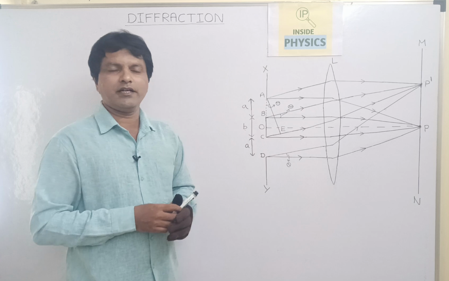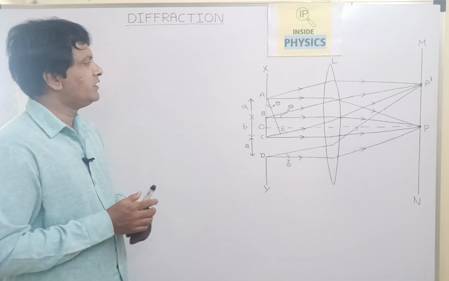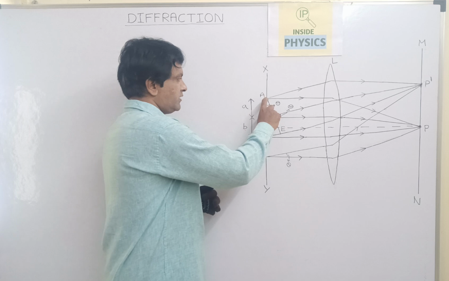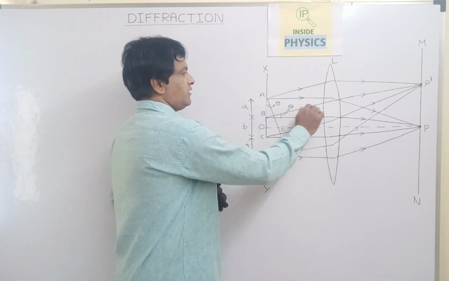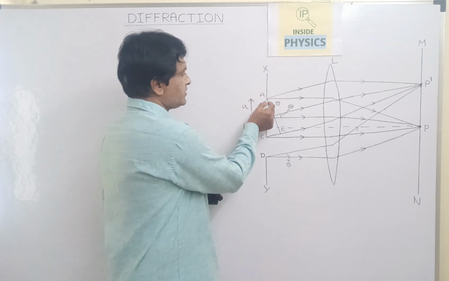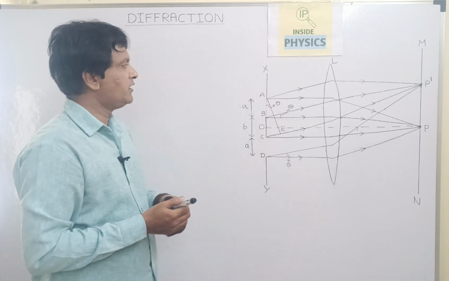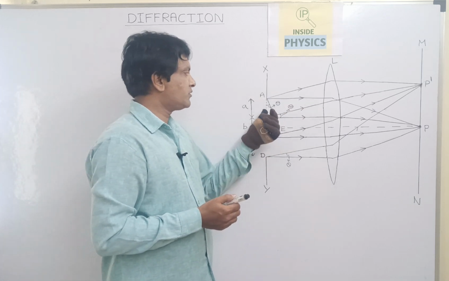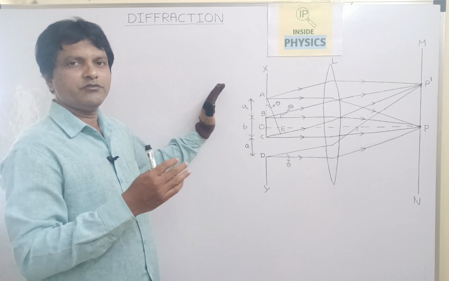Here the slit is considered as an obstacle. Even though some rays pass without any diffraction, the edges cause some bending of the light waves. The light waves are passing through the slit, and here the waves are considered as wavefronts.